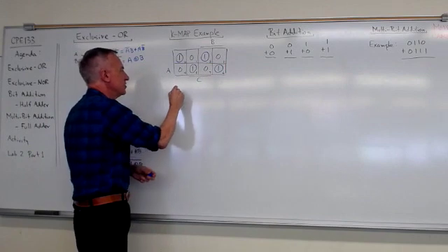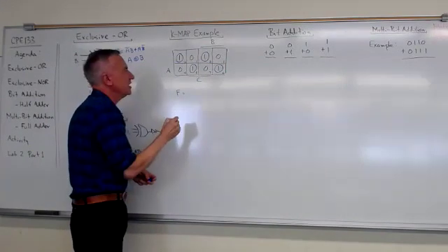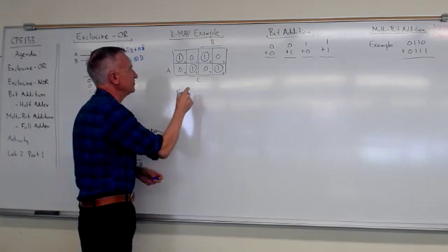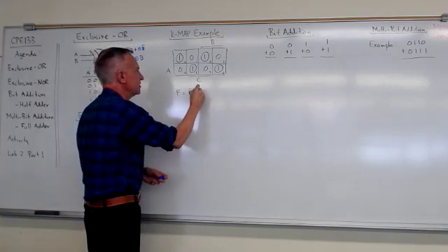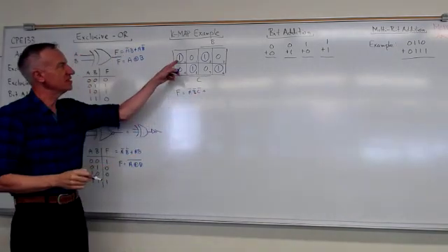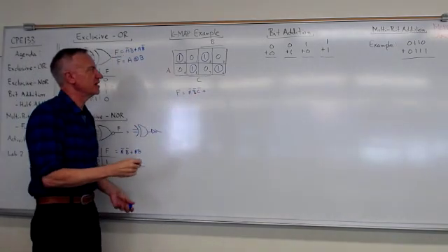Okay, so we would write our SOP equation for F. It would just be not A, not B, not C, right? That's the 1 that's in the 0 cell.